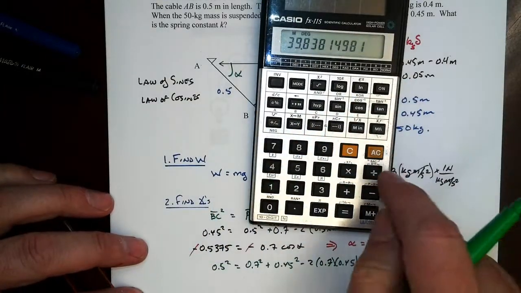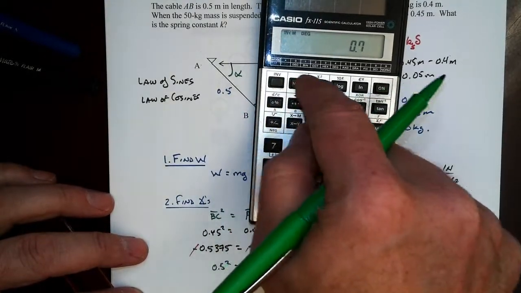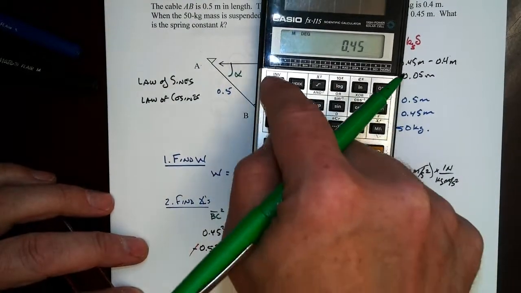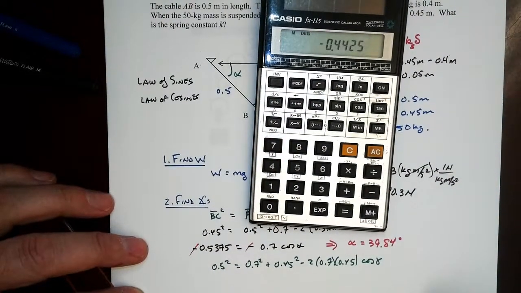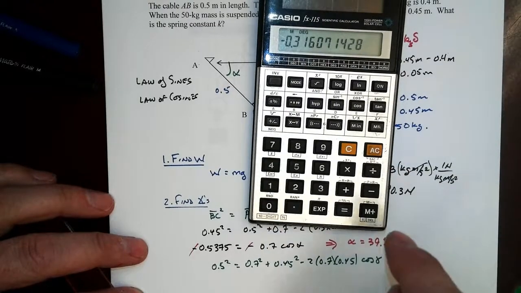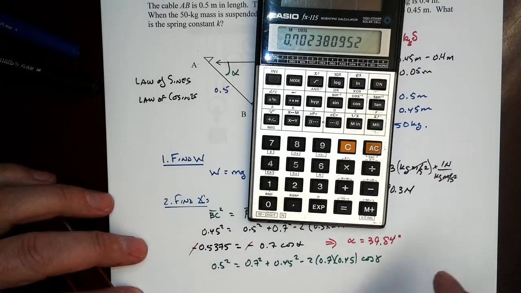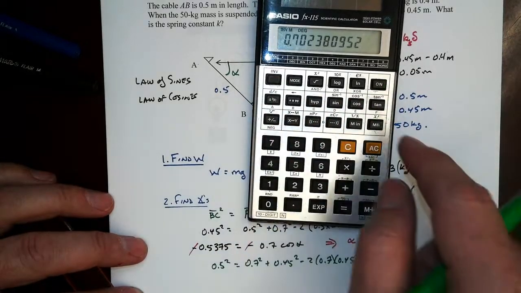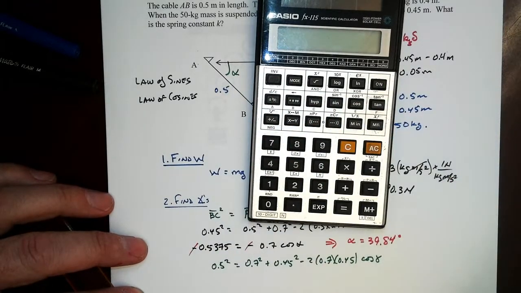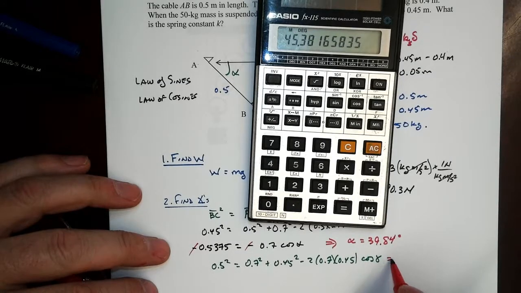When we do that, what are we going to get? 0.5 squared minus 0.7 squared minus 0.45 squared, divided by 2, divided by 0.7, divided by 0.45 equals, and we got the minus on the minus side again, 0.702. Inverse cosine, and we find out that gamma is not 45 but real close.